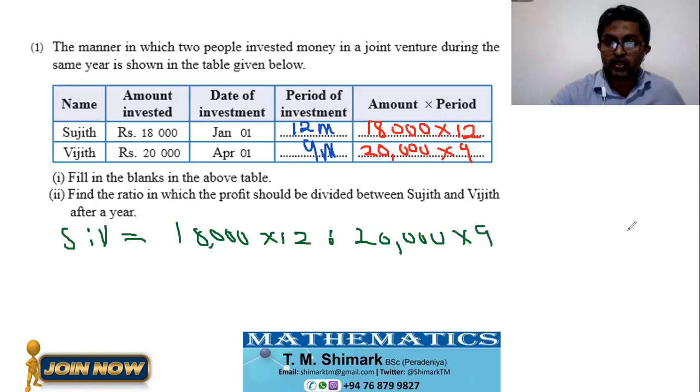Then you have to just divide into equal portions, equal fractions. If you want to find the ratio, you need to divide, right? Correct, that's what we discussed. We did that one.